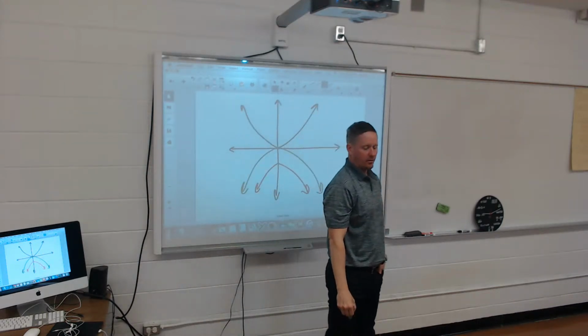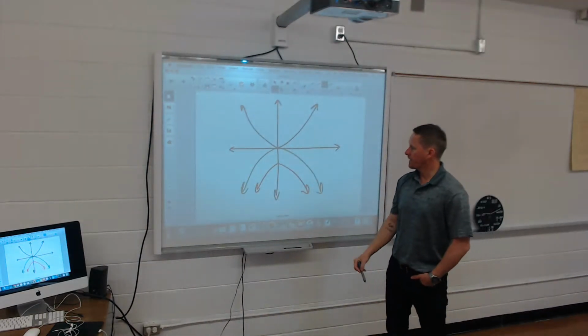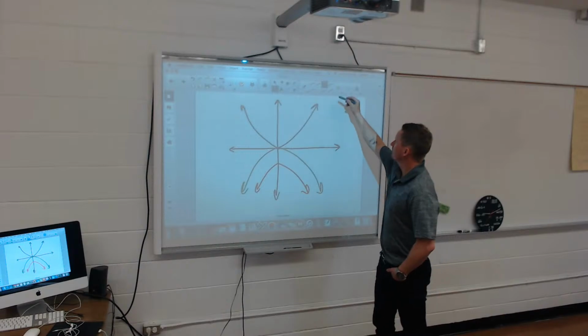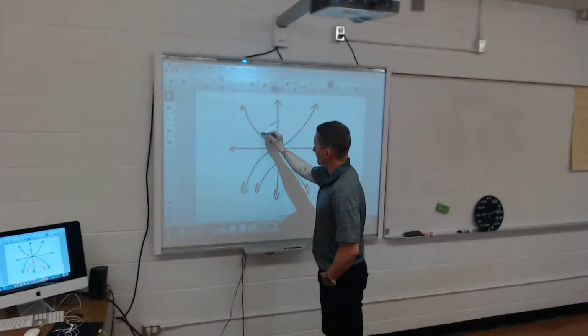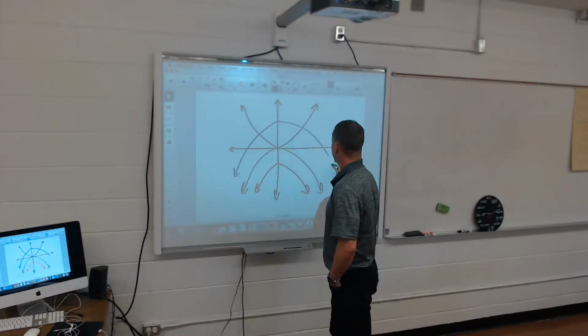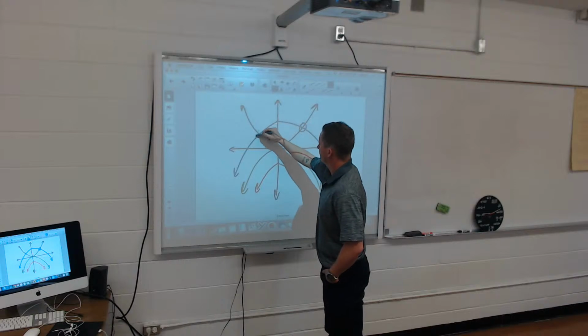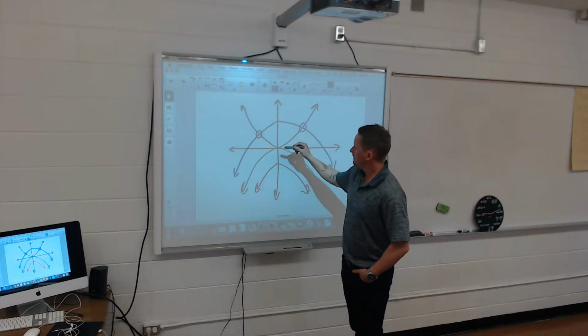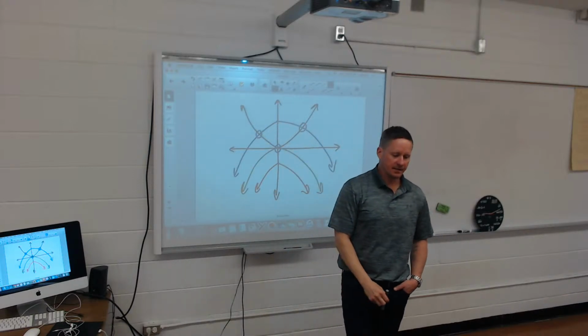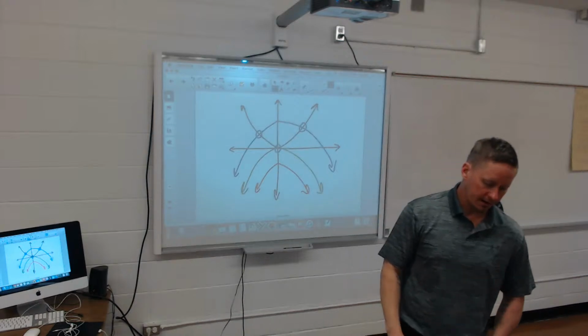I can have 1, where they touch at the vertex, or I could have 2, where they both cross each other at the same 2 coordinates.